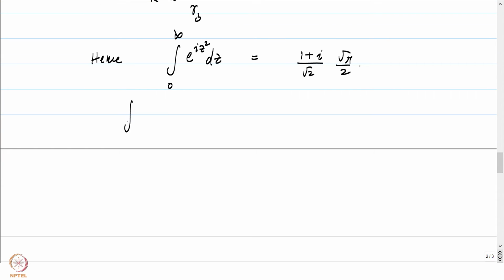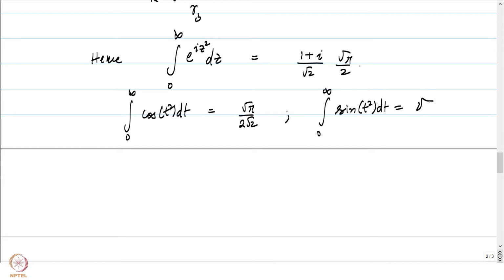Therefore, the integral of cos t square dt from 0 to infinity is equal to root pi by 2 root 2. So is the case with the integral 0 to infinity sin t square dt. So we have computed the integral.